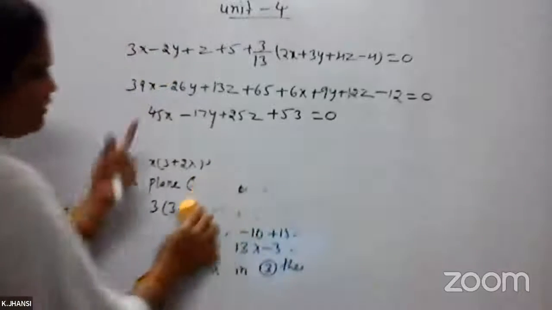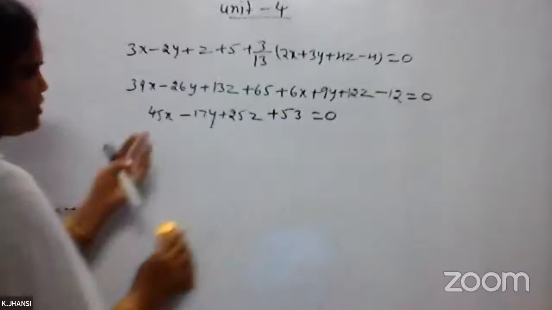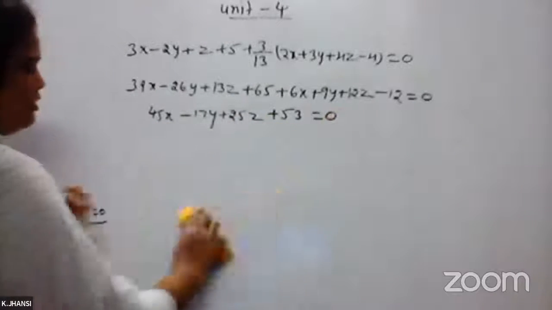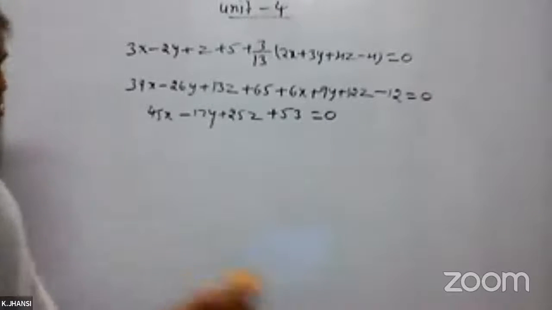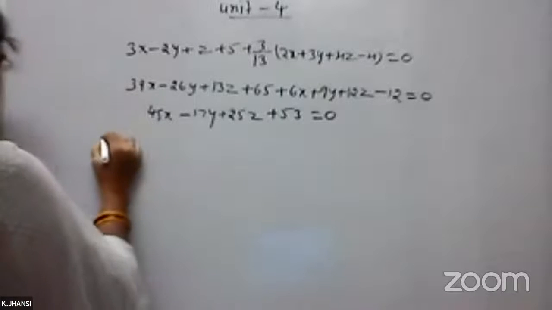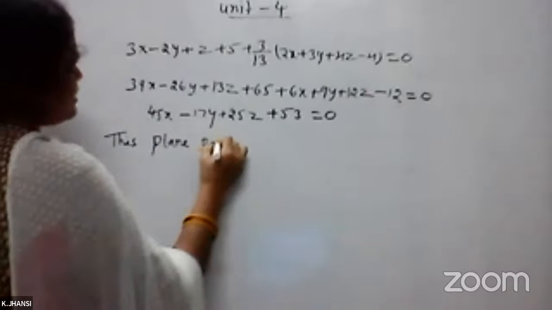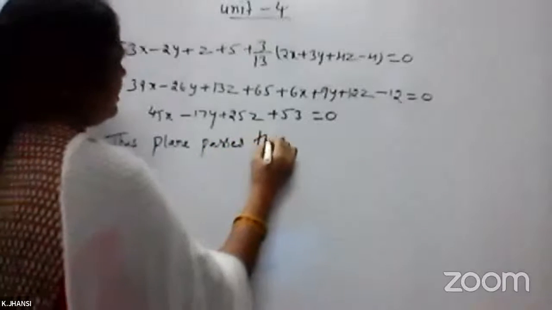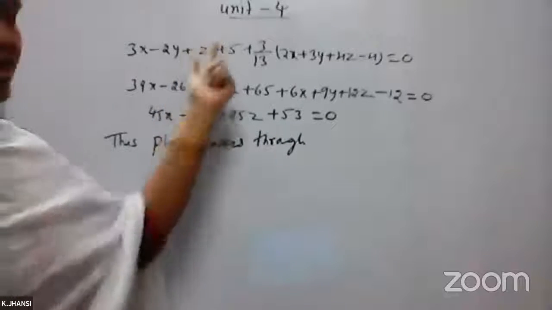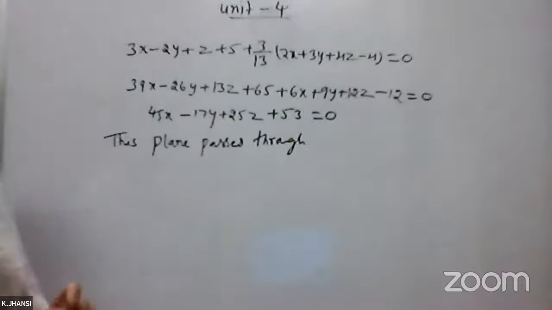But whatever plane you are getting, it should satisfy the point. That means if you substitute the x, y, z values here, you have to equate it to 0. So the plane passes through which point here? In the first equation, the symmetrical form is there, x minus x1, y minus y1, z minus z1.